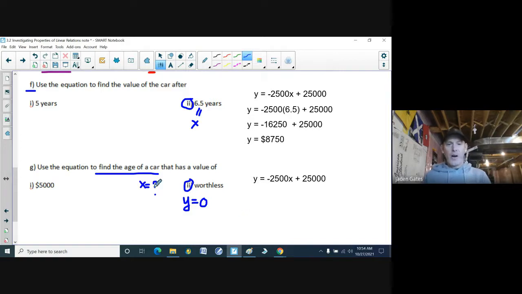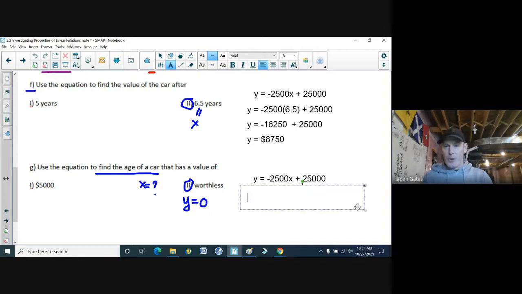All right, so I've got my Y, I'm looking for my X. So I'm going to substitute in that 0 in for Y because our car is now worthless. And so I have 0 equals minus 2,500 times X plus 25,000. All right, so this time I do have to get my X by itself.